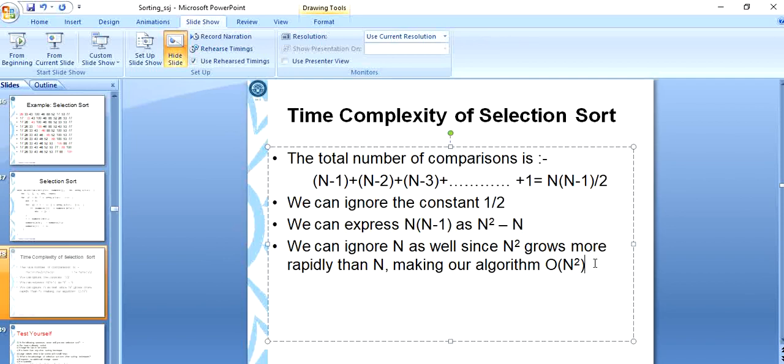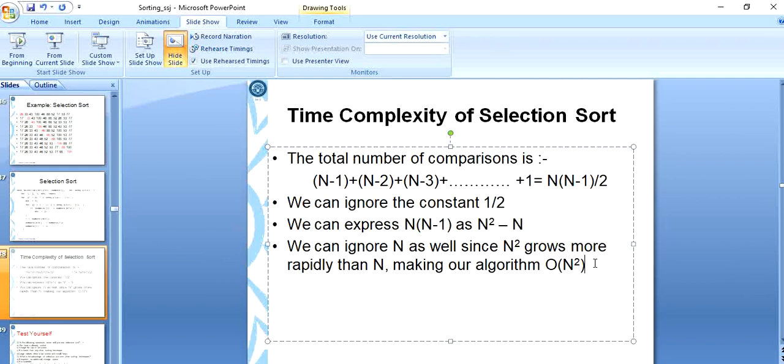If it is not mentioned in a question paper, if it is only mentioned to sort the following elements, but the sorting technique is not mentioned, then you are in a position to apply any sorting technique. You are free to apply any sorting technique, but it is not the case in the MSBTE question paper.